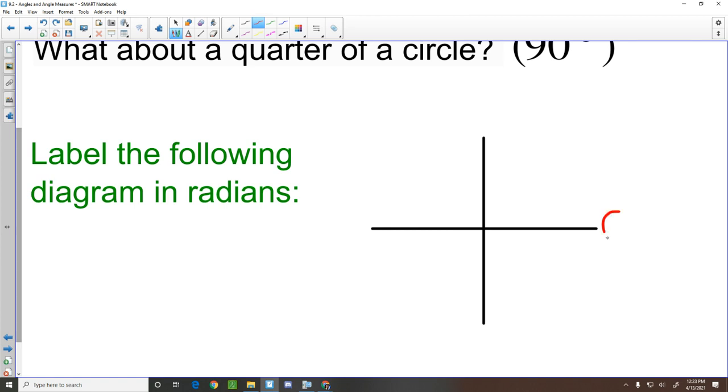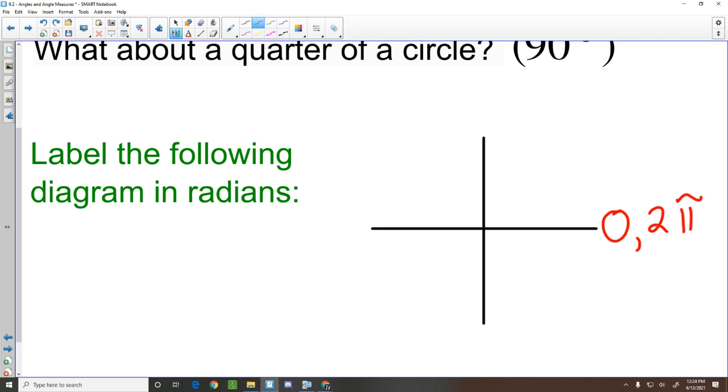This starting point is 0 degrees. It's also 0 radians. Now, when we went all the way around that circle, one full rotation, we got 360 degrees. But in terms of radians, one complete time around that circle is exactly 2 pi radians instead of 360.